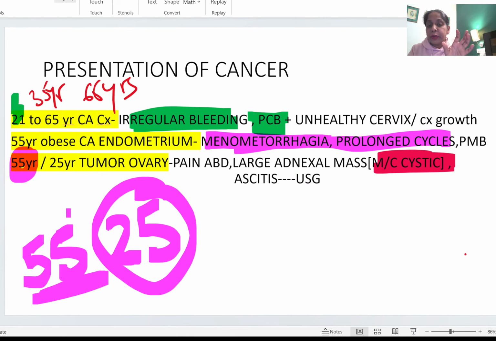Whereas the CA endometrium patient is a menopausal patient, 55 years old, presenting with menometrorrhagia, proliferated endometrium bleeds, prolonged cycles, or postmenopausal bleeding. Whereas the ovarian tumor patient presents with pain abdomen or a large adnexal mass which is usually cystic.